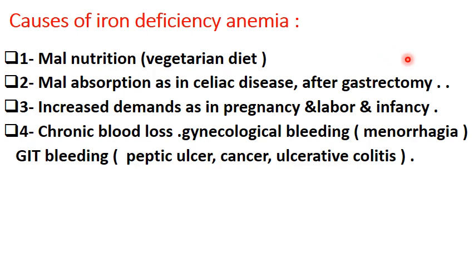So what they do? Surgical removal of a part of the stomach. Actually, this gastrectomy will affect the iron in the body. It will decrease the iron, and most of these patients will suffer after the surgical operation from iron deficiency anemia and other vitamin deficiencies.